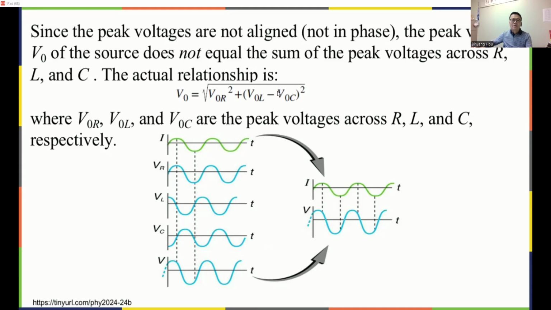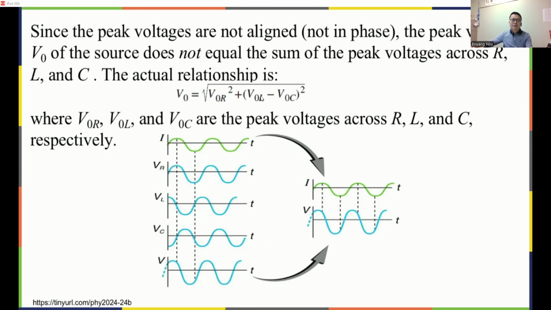These two are always opposite to each other. This is basically kind of the Pythagorean theorem, if we could call it that. The overall voltage peak should be built from the peak value on the resistor and the difference of these two, depending on which one is bigger and which one is smaller.